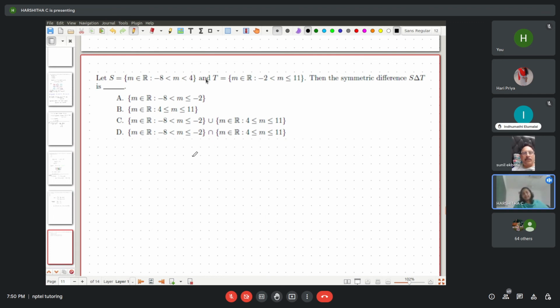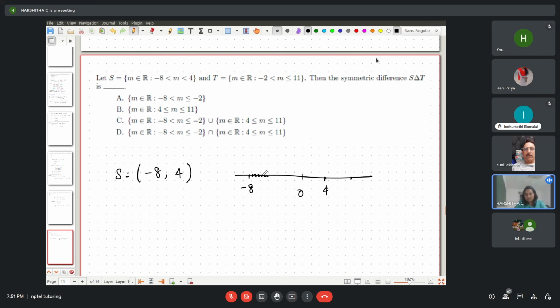The next question: S is all real numbers such that, okay, let's just list it out. Sorry, this is all real numbers. Is this notation clear? It's all real numbers between minus 8 and 4. So if we draw the line, we have 0, minus 8, and 4.